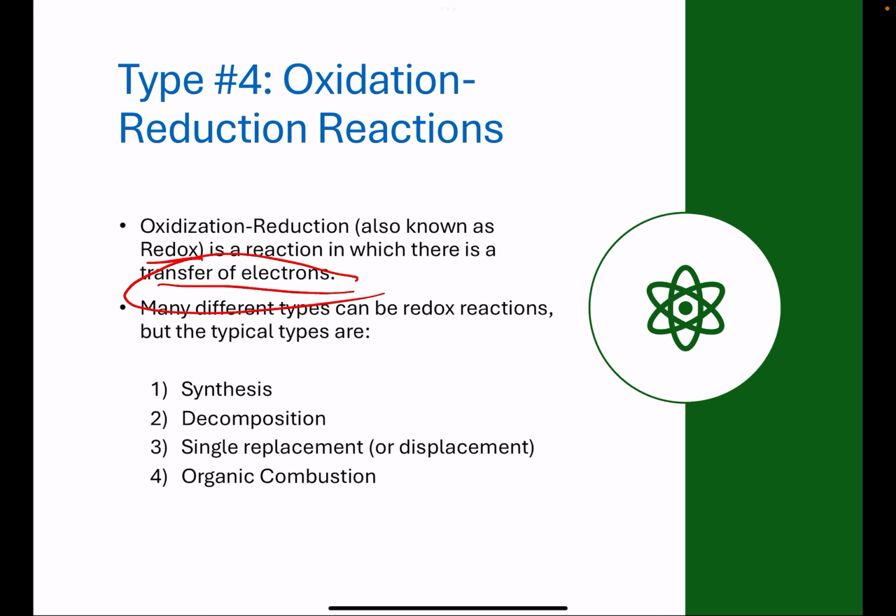So a lot of the redox energy is going to be similar as well. If they end up being forced to either give up or receive electrons, that's if they have additional energy. So some of the most famous redox energy is going to be in your body, your cellular respiration.